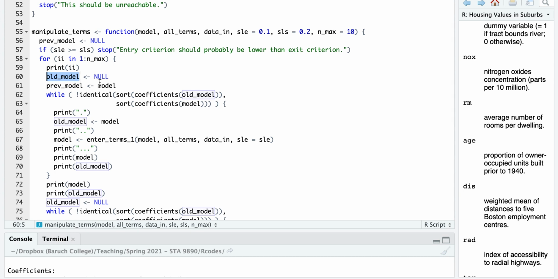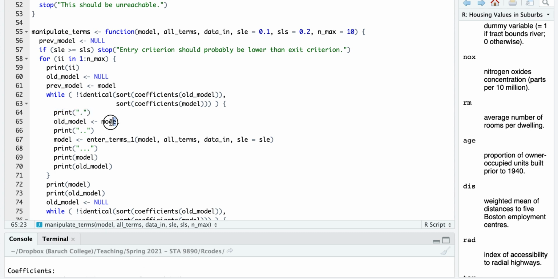In the beginning, the null and the model are obviously not the same, so they are not identical. So the negation of it, which is this sign, makes it true. So we get into this while loop.